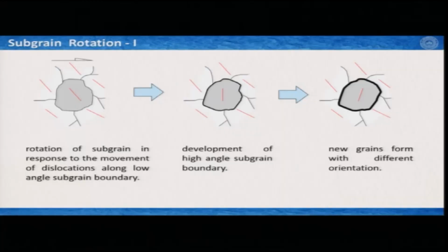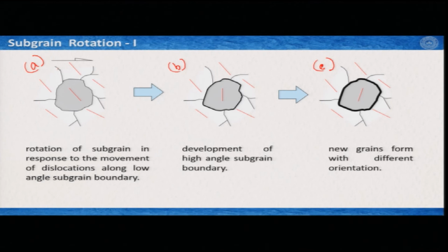Subgrain rotation is the next stage: rotation of subgrains in response to the movement of dislocations along low angle subgrain boundaries. In these 3 illustrations, let me mark them A, B and C. What do we see in A?